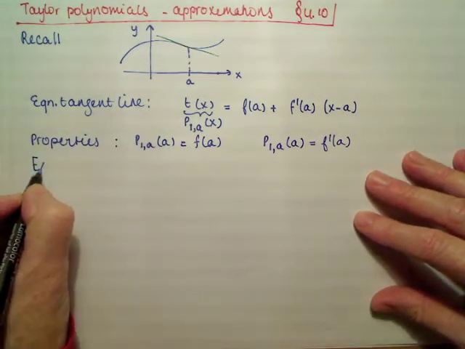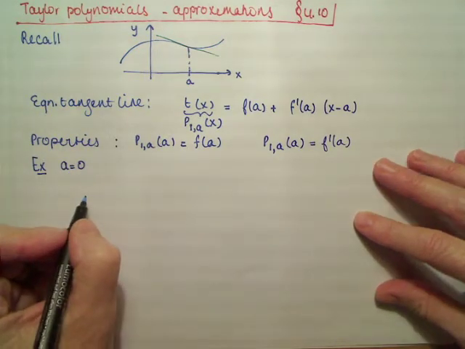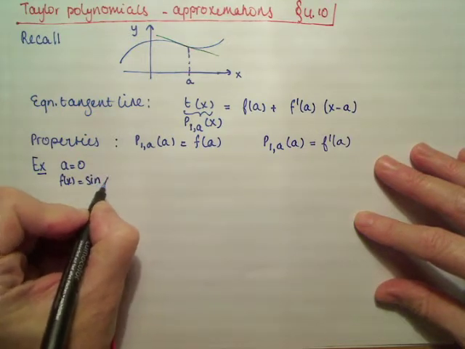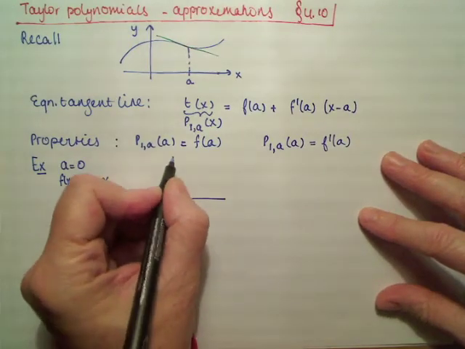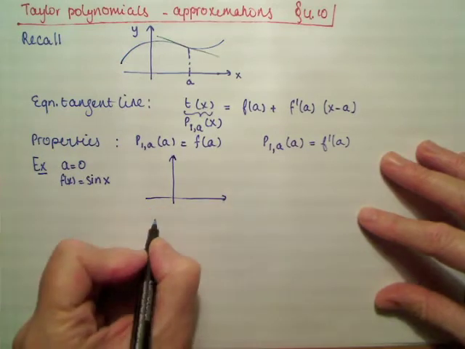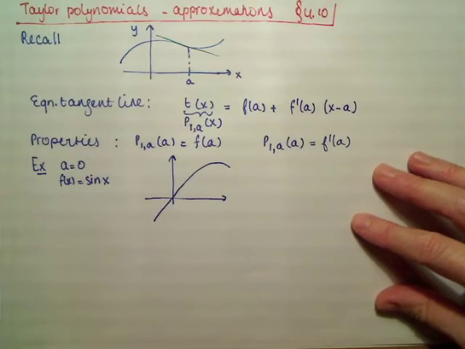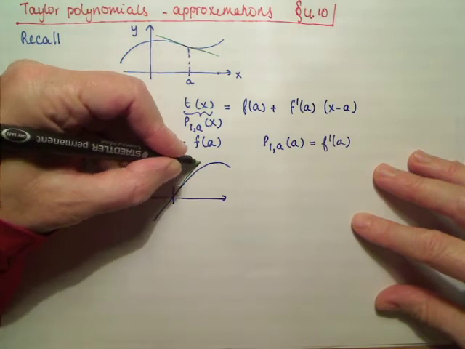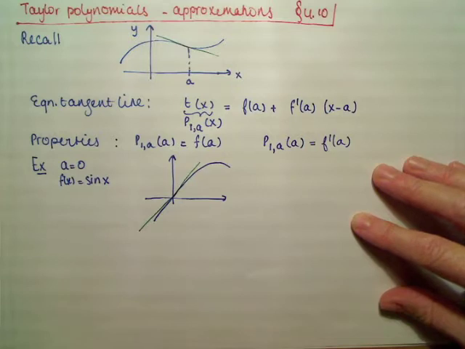Let us look at an example. For instance, if we take this base point A equal to 0 and the function is equal to sine of x. So if we look at the picture, then at the point A equal to 0 we have this function of the sine of x. We have this tangent line which is very close to the function when the point that you look at is close to 0.